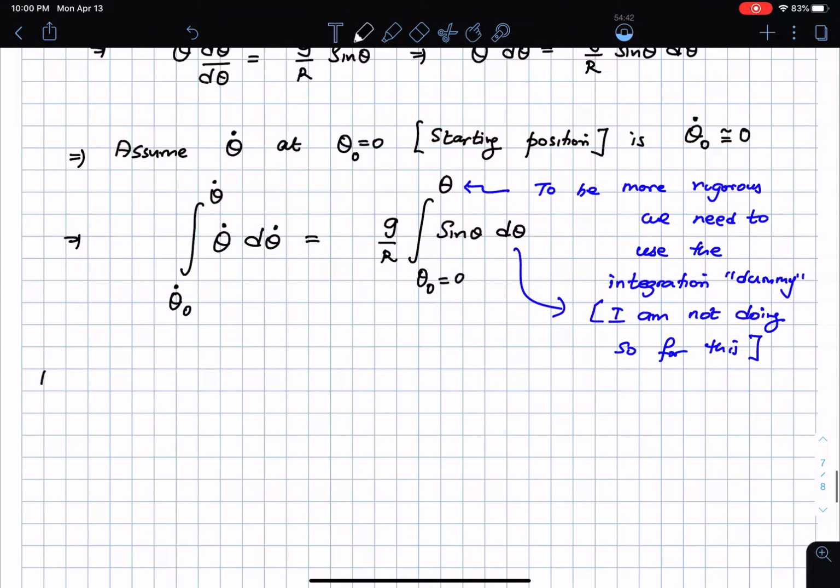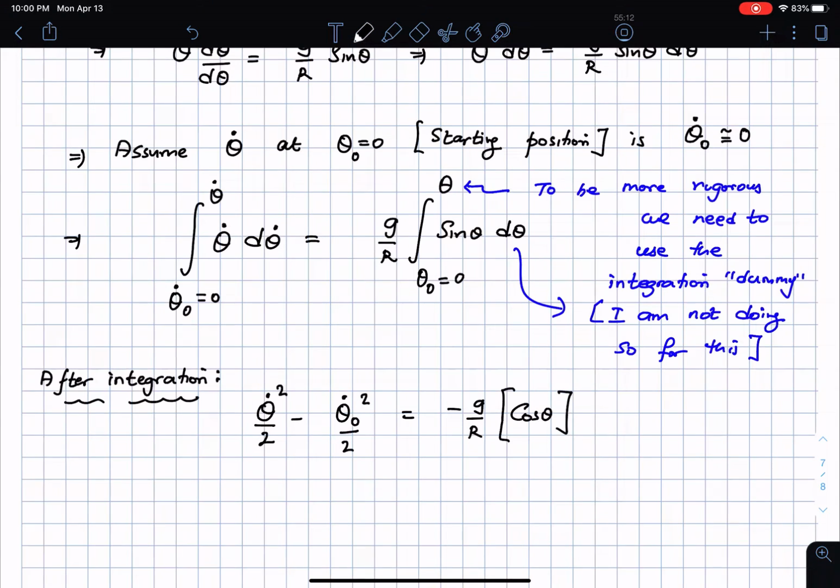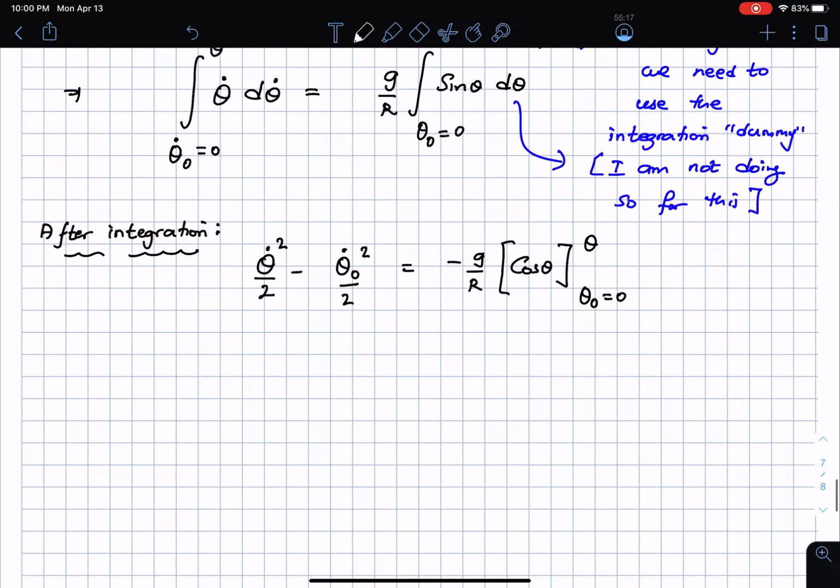After integration, here is what I have: theta dot square by 2 minus theta dot naught square by 2, which we said was equal to 0, is equal to minus g by r, because the integral of sine theta is minus cosine theta, evaluated from theta naught equal to 0 to some arbitrary theta at some point in time.